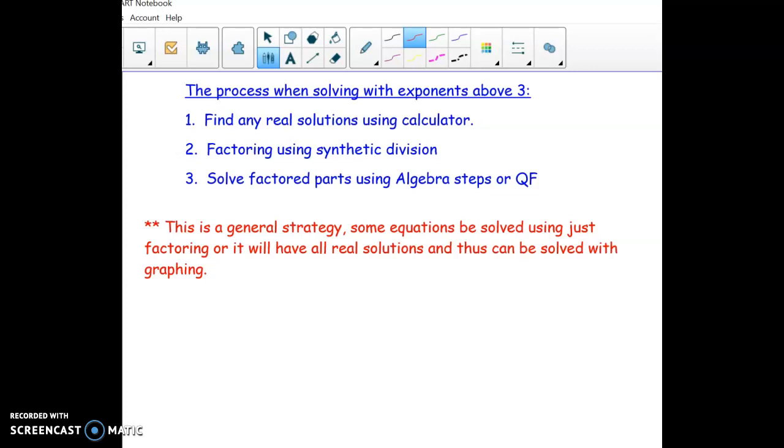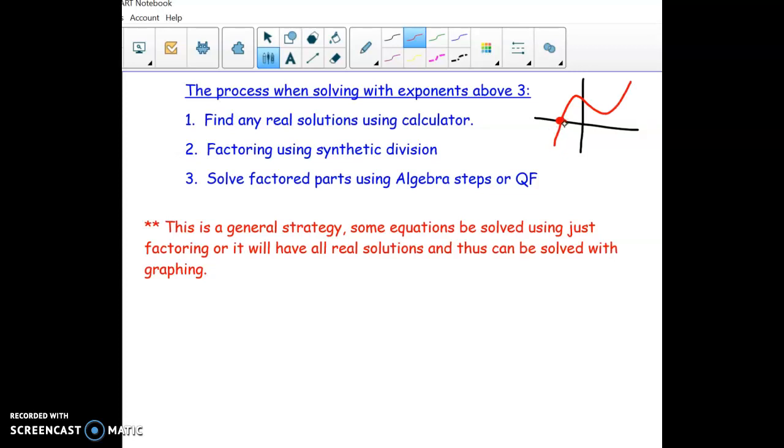So I would copy down these steps, right? But just know that this is the general strategy. There are different ways to do it, and every question's a little bit different, but generally you're going to find your real solutions on your calculator. Remember, those are the x-intercepts, right? So if I had an x cubed and it looked like that, I could get one of my answers off the calculator.